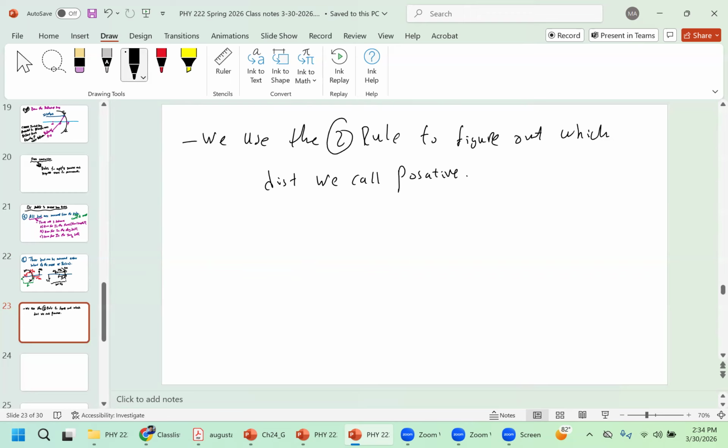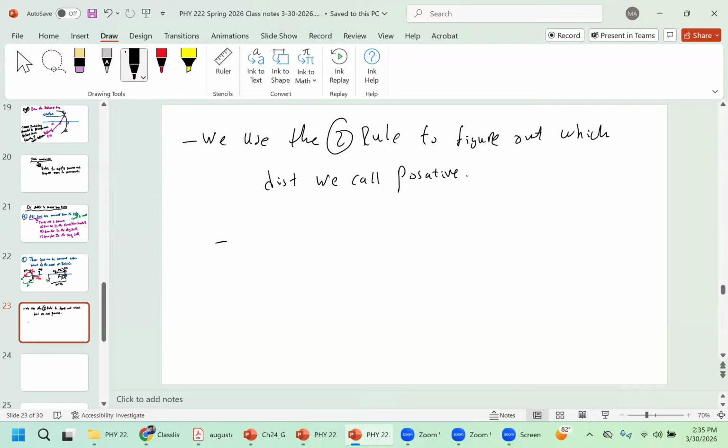Remember, that's rule number one. We have three distances: your focus, how far away the object is, and how far the image is. Now, these distances can be measured either from the front or behind the mirror. It depends on the mirror. Now we use the second rule to figure out which distance we call positive.